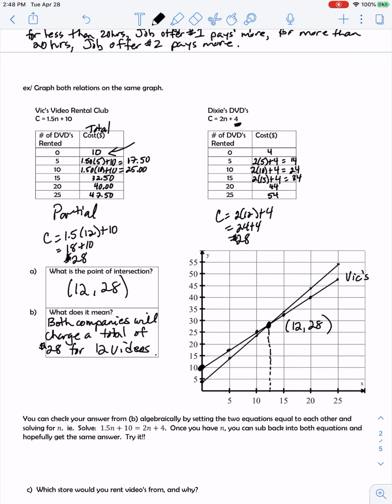Now both of these are partial because neither one of them starts at 0, so this is partial and the other one's partial as well. That doesn't matter for this problem, but just so that you can identify the difference between partial and direct. Neither one of them starts at (0, 0), so they're both partial. Okay, and that's what that means.